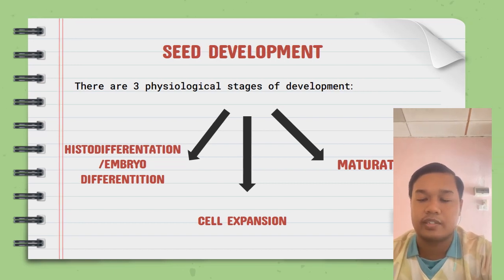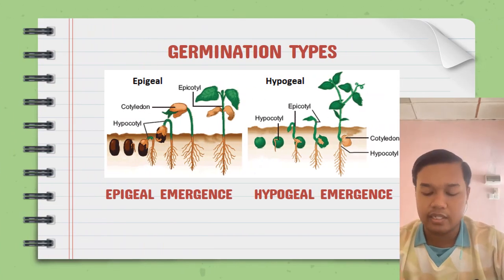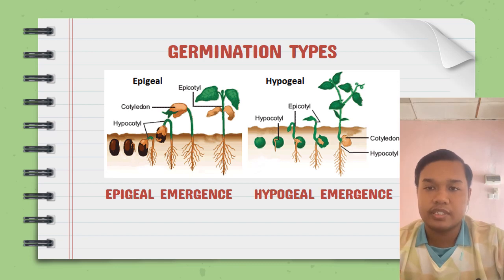For the last content, I want to present to you the germination types. There are two types of emergence, which are epigeal emergence and hypogeal emergence. First, let's talk about the epigeal emergence. In epigeal emergence, the cotyledons of the germinating seedling are brought above the soil surface.